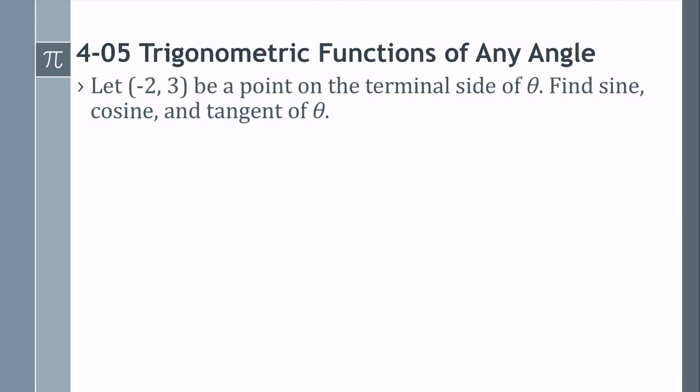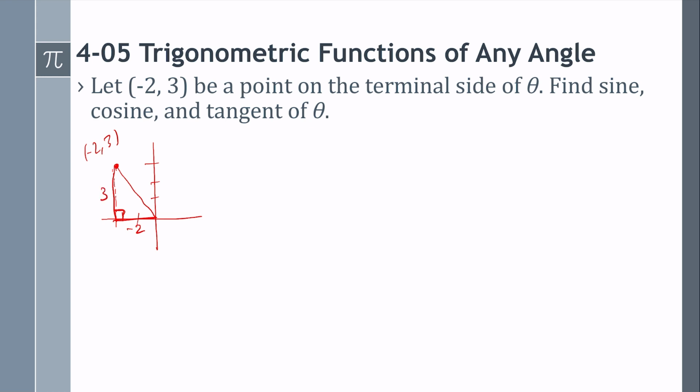So let's try an example. Let -2, 3 be a point on the terminal side of angle theta. Find sine, cosine, and tangent. All right, well, -2, 3 is right there. So if we draw our right triangle here, the x is -2, the y is 3.